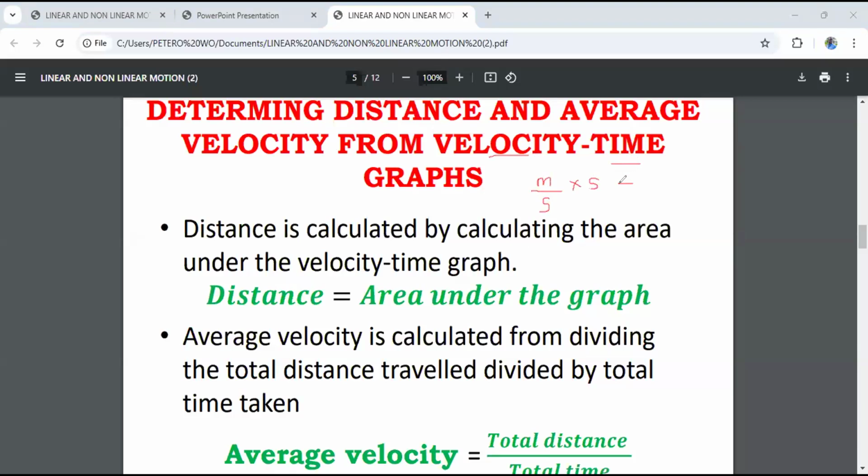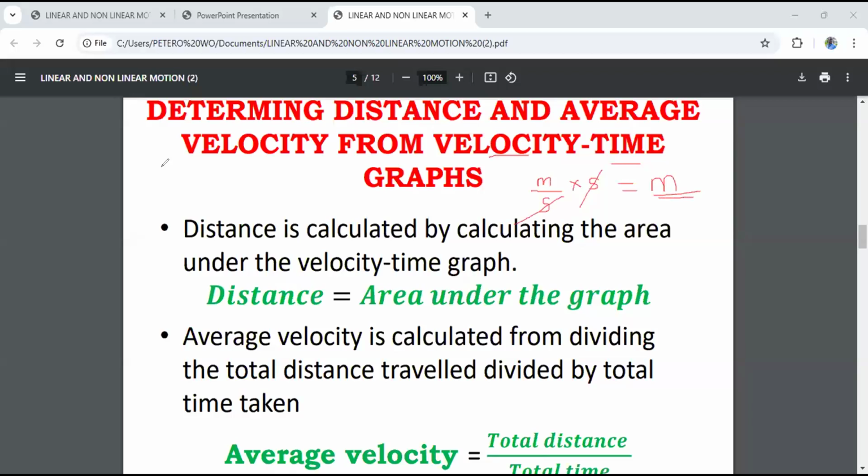So for every area that we'll be getting, the units for that area will be in meters. That's why we take that area as the distance.